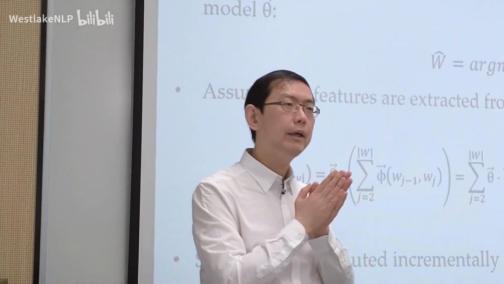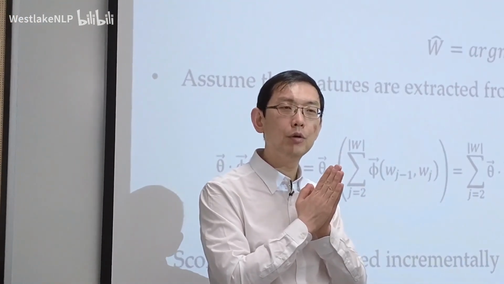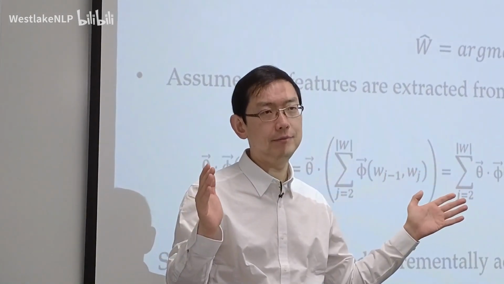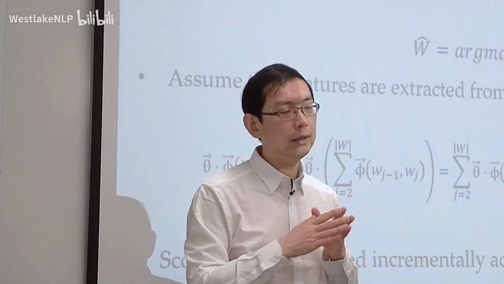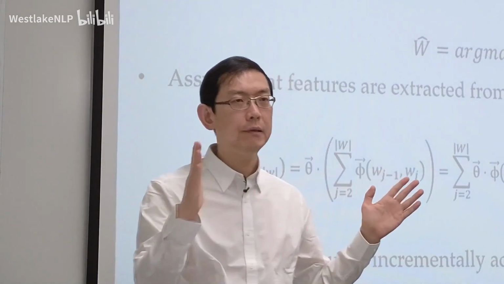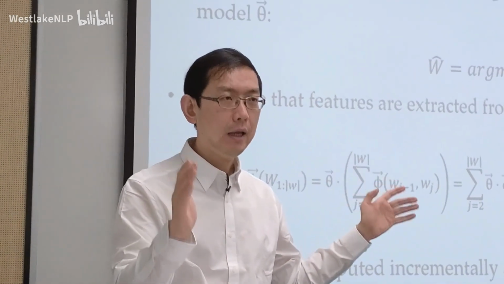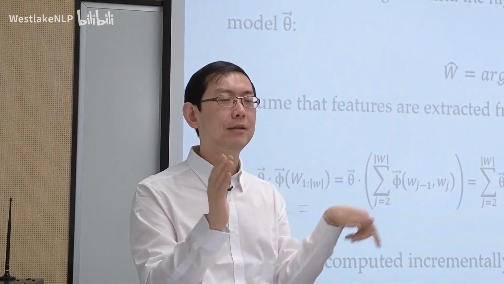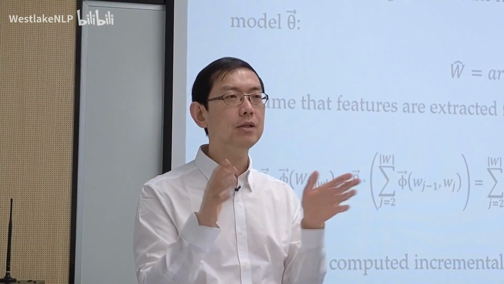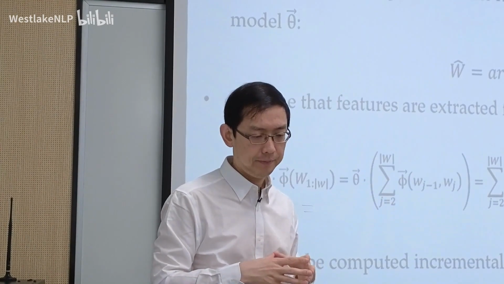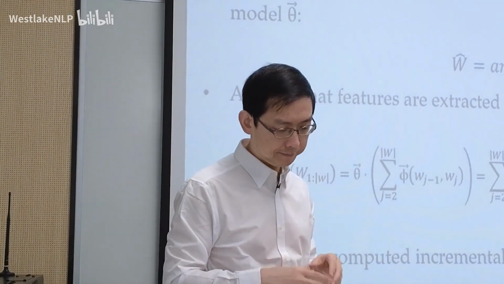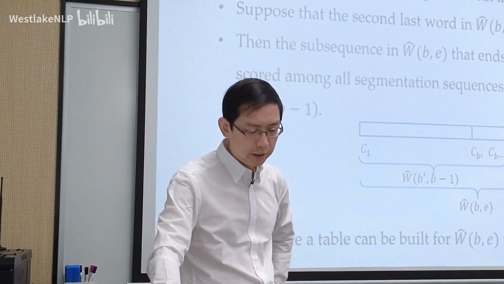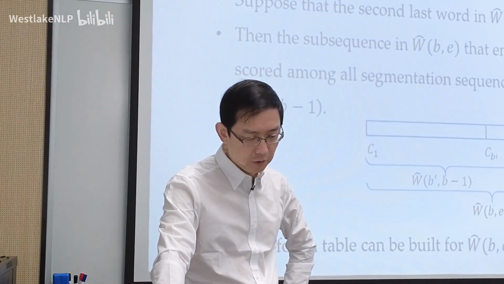Rather than storing the optimal subsequence ending with any character, we store the optimal subsequence ending with any character and with a specific last word, okay? This is called a dynamic program signature. Slide 31. With this understanding, we can try to build a table, okay?